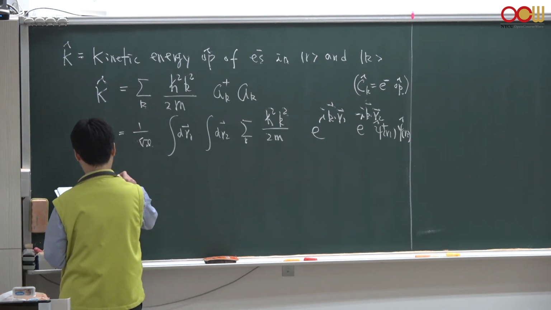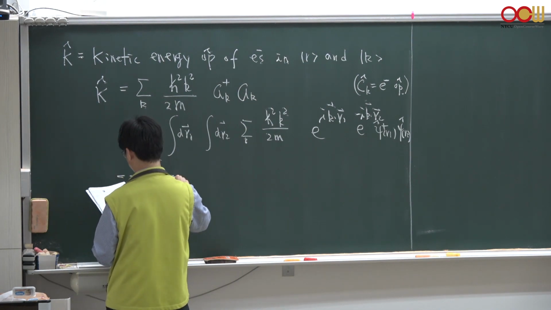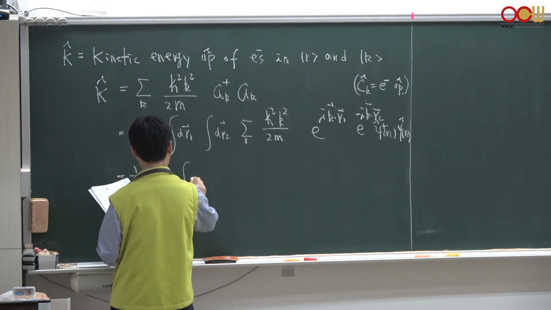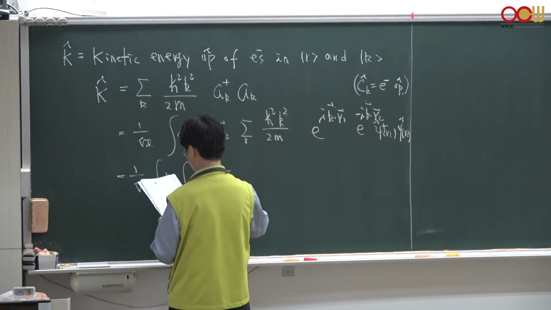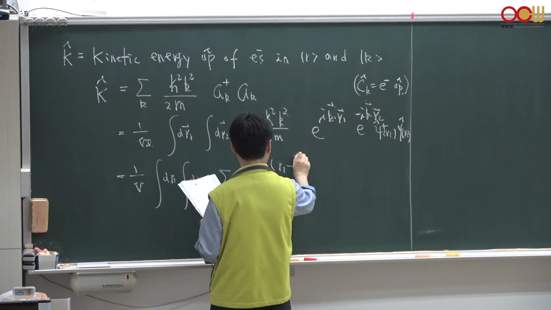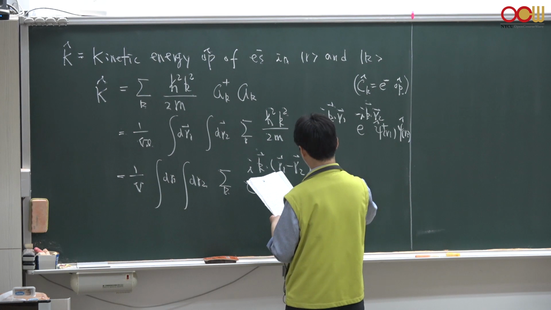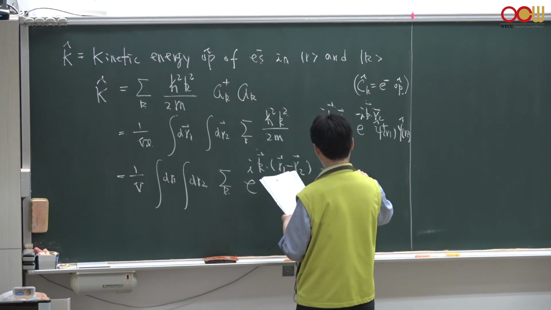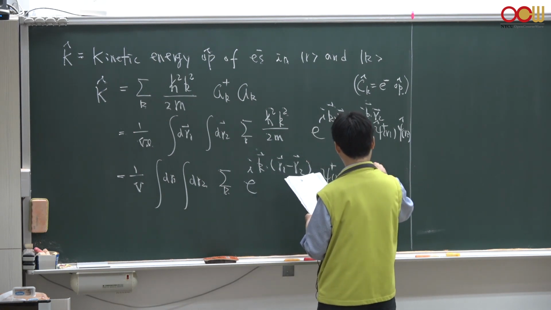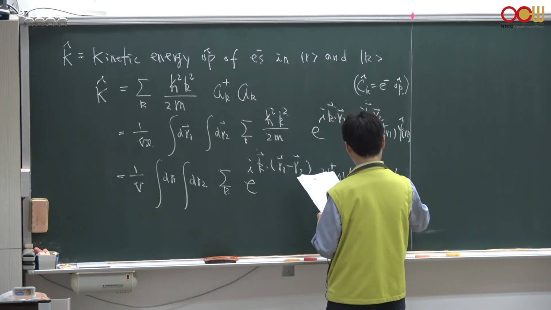And this integral is easy to do because this is nothing but some delta functions. Sum over K e to the i k dot r1 minus r2, and psi dagger of r1, minus h bar gradient squared over 2m, psi of r2.